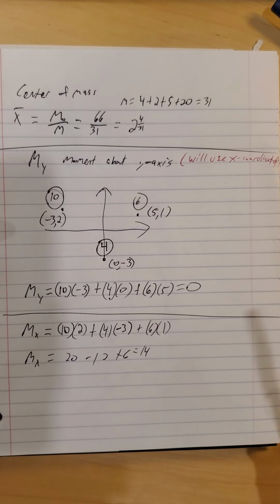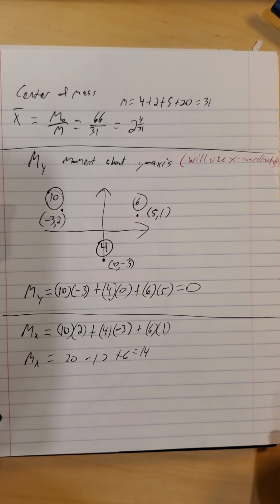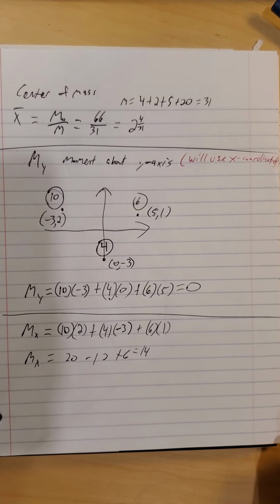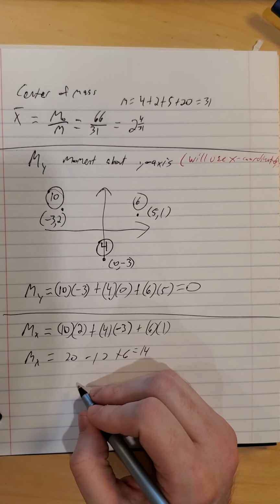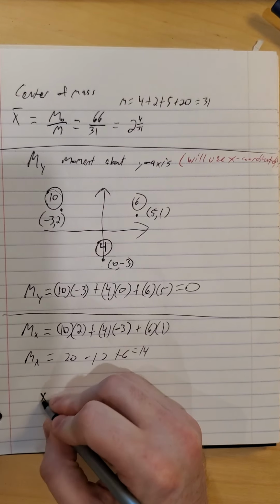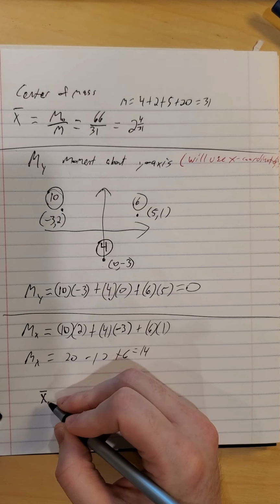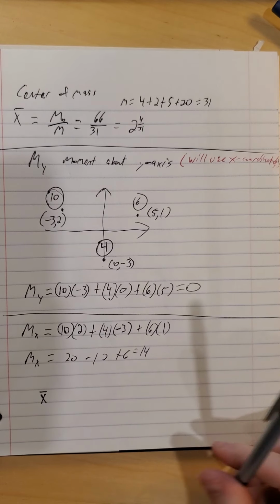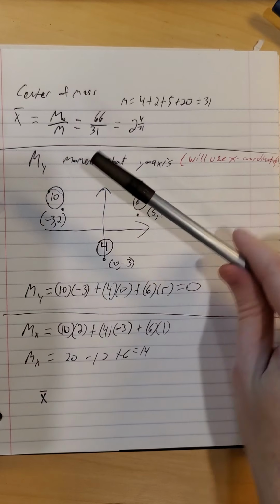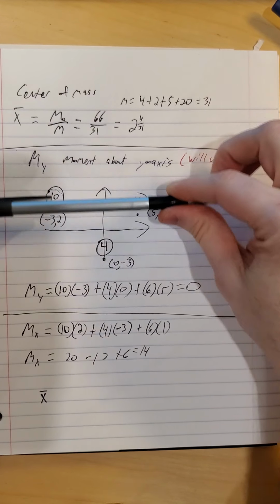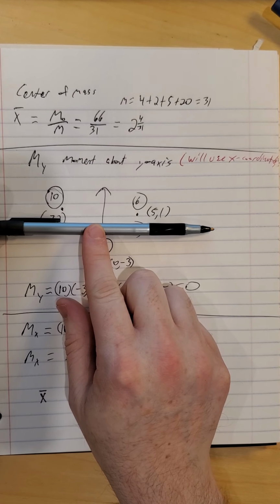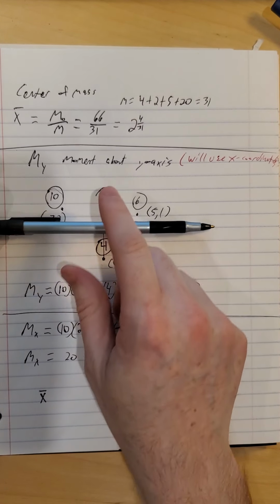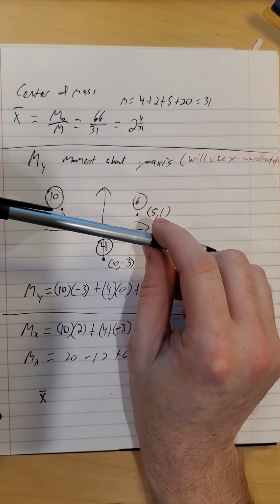So now a couple of things that we can do with this. We can find both for the x and the y where the balancing point would be. So x bar, remember center of mass.